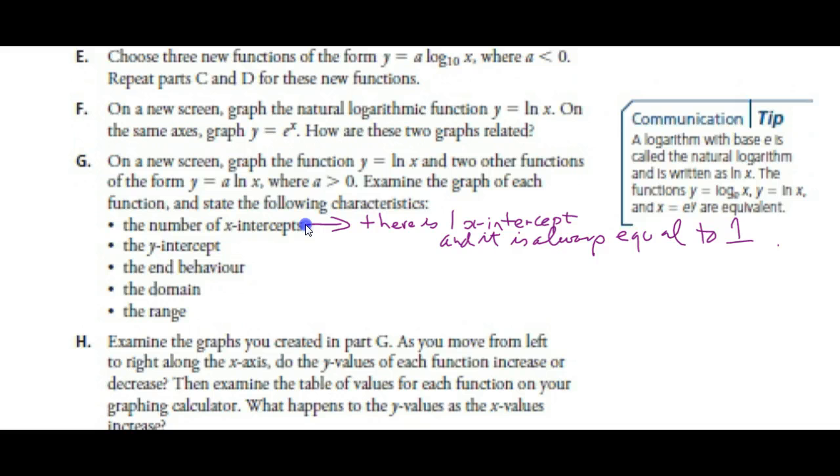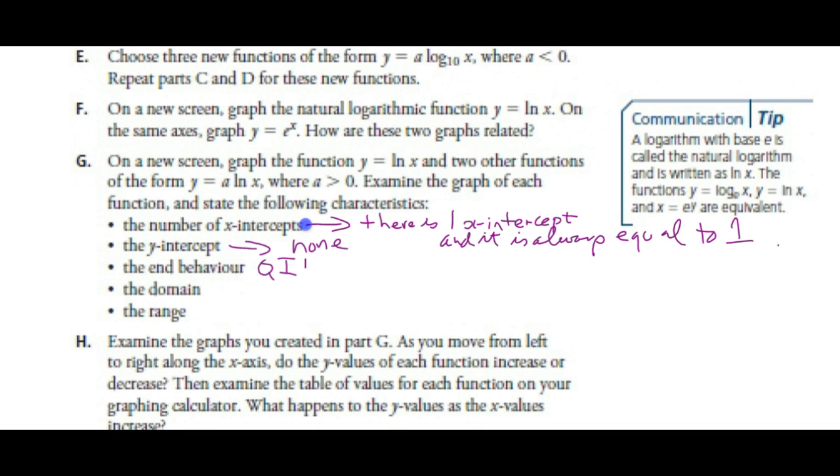Okay, so at least you can't go wrong. Because if I ask you the number of x-intercepts, you're going to say 1. And if I ask you what is the x-intercept, you're going to say 1. So whether you're saying the right thing for the wrong reason, the answer is the same. What is the y-intercept? None.